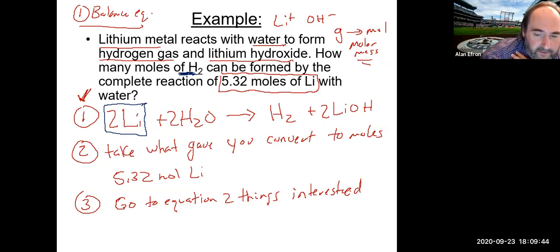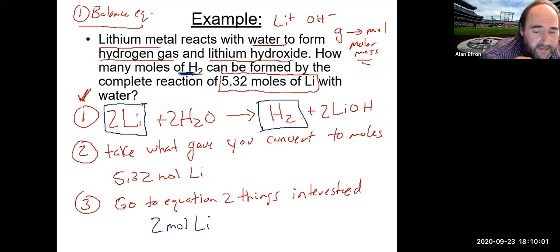If you even put a box around each of those, we now want to use the equation, and this is the big stoichiometry part. This is where we find that conversion factor. From the balanced equation, we could say that 2 moles of lithium gives us 1 mole of H2. Again, this is nothing more than the actual coefficients in the balanced equation.